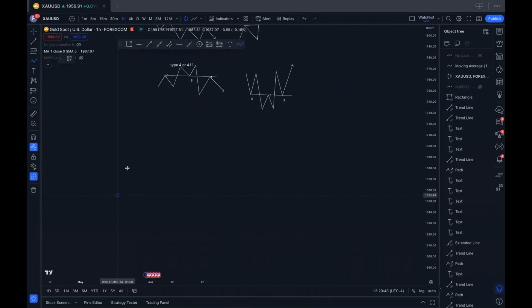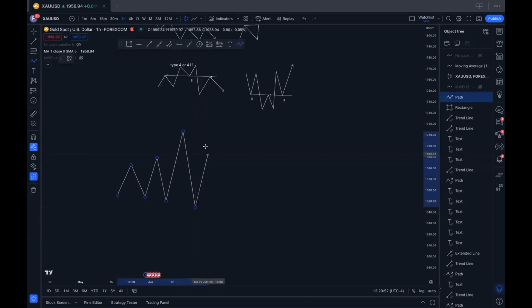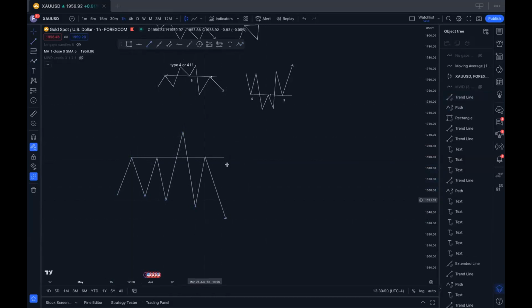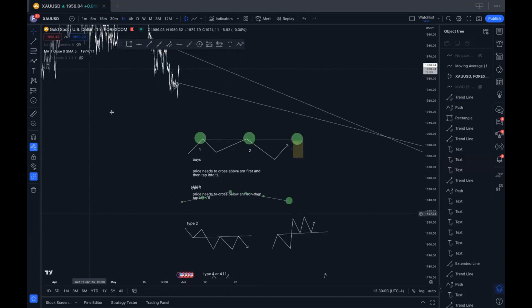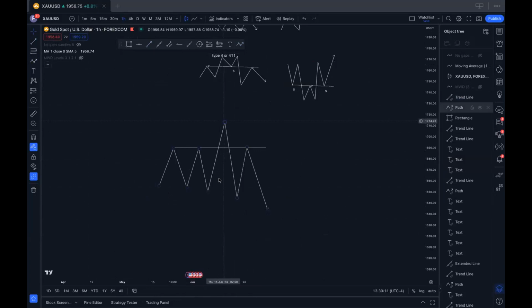Okay, moving forward, you have trendline type 5. Again, this is another reversal trendline. It's where you have the combination of TL4 and TL1, where in between you're going to have a head, kind of like a head and shoulders as well.